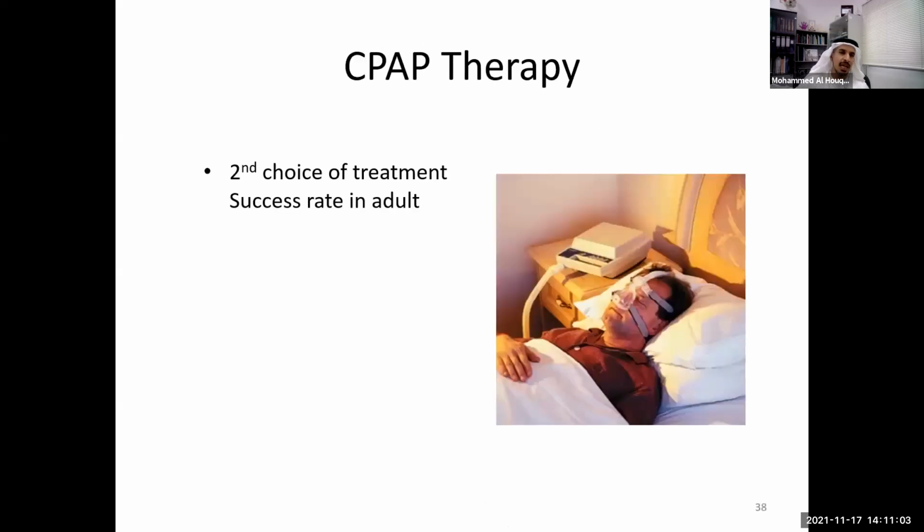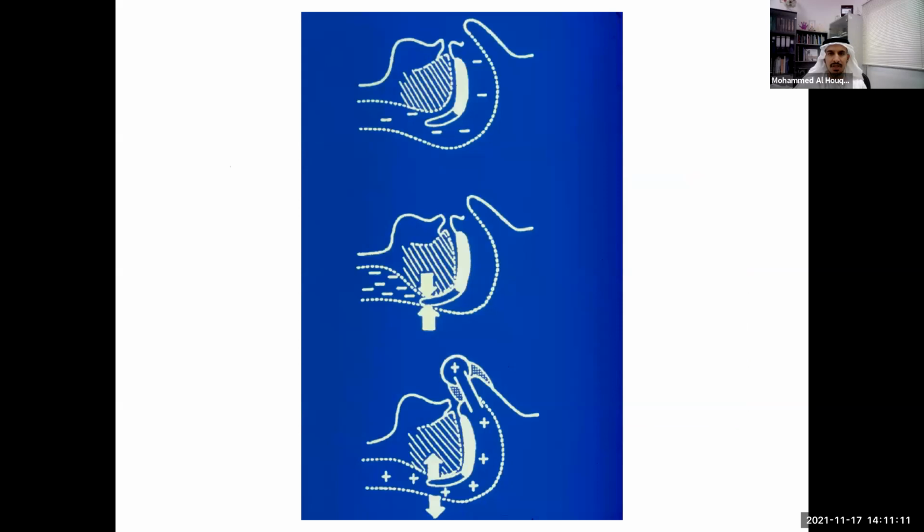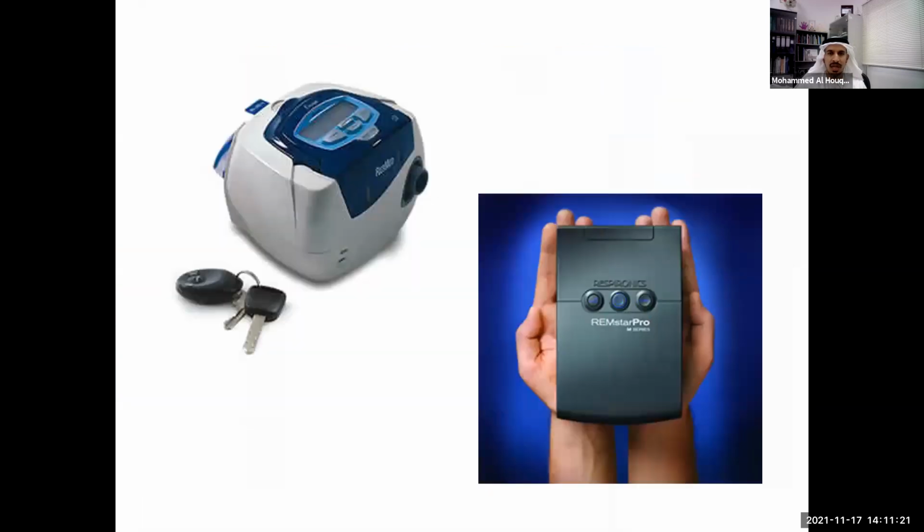Now, moving to the second choice of treatment, I should say, in pediatrics, and the first choice in adults, is CPAP therapy. CPAP is continuous positive airway pressure where the patient will have an interface and a positive airway pressure to open up the upper airway. Most of the time, we bring the patients back to the lab to do the titration study.